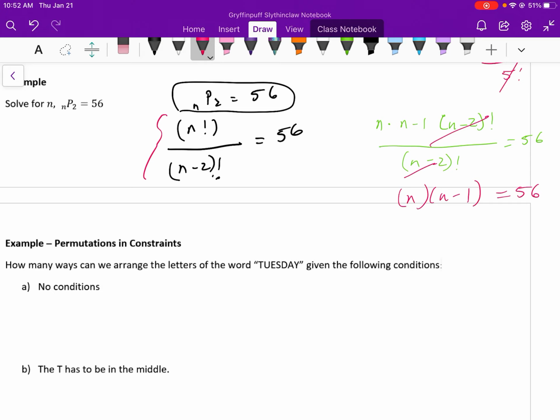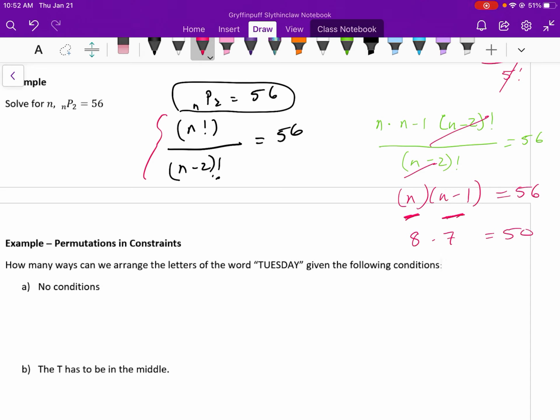Now, you know that n is a positive integer, right? n is the number of elements, and the number of elements is 0 or a positive integer. So can you identify an integer times one less than that integer that is equal to 56?